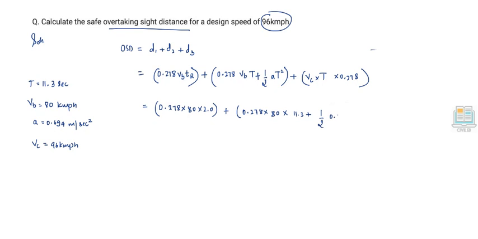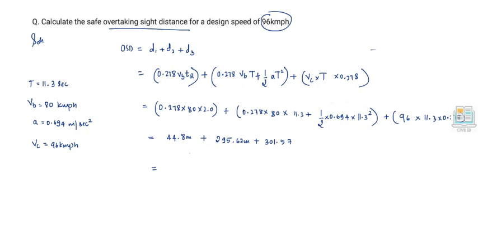Okay, so this is 0.694 which is our A, and T square here, and the value of V_C, which is the speed of our fast moving vehicle which has to overtake the slow moving vehicle. So our d1 here is 44.8, d2 is 295.62, d3 is 301.57.